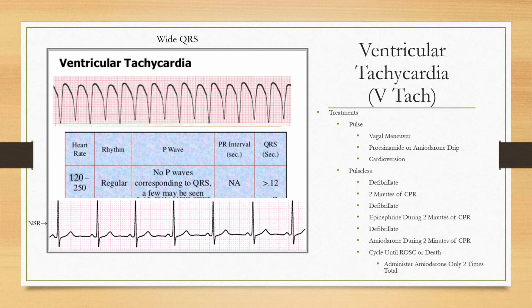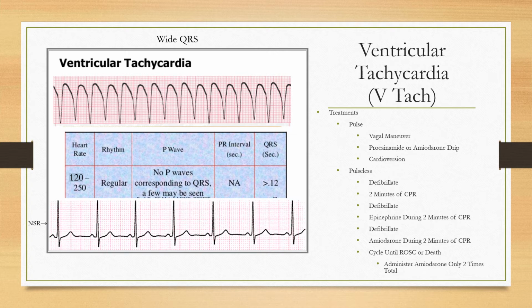Okay, they're not being stimulated by P waves, nothing to do with the normal conduction of the heart. Okay, and they're wide because the rhythm is starting in the ventricle. So it has to go from myocyte to myocyte to myocyte, so it takes a long time. So it's wide. So we call it a wide complex rhythm.